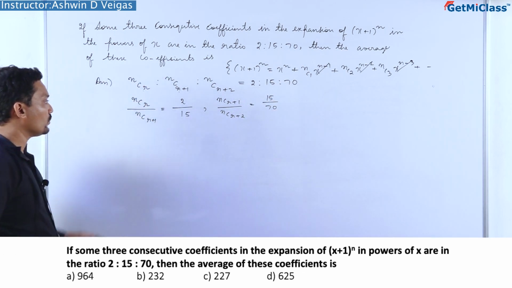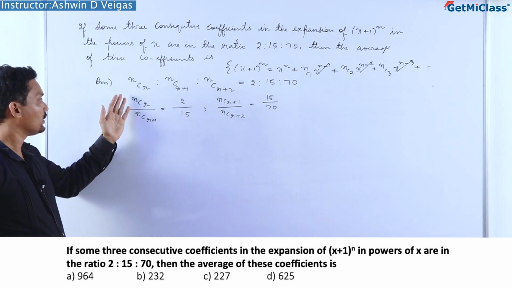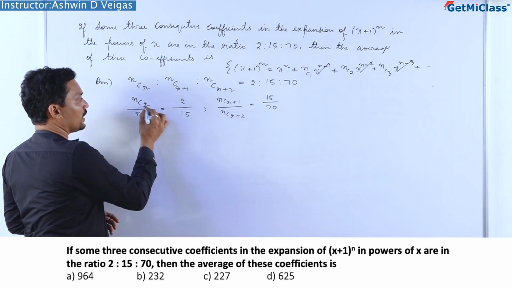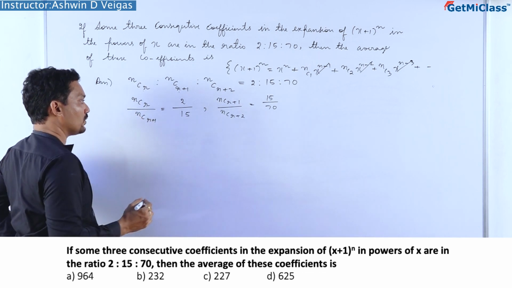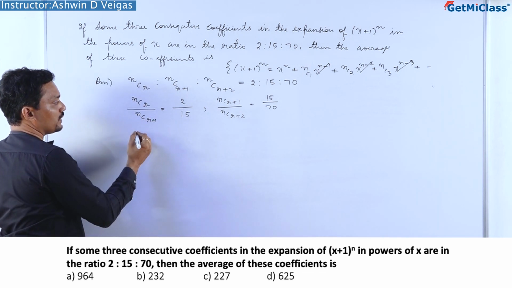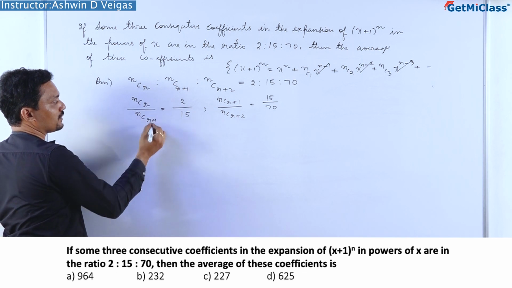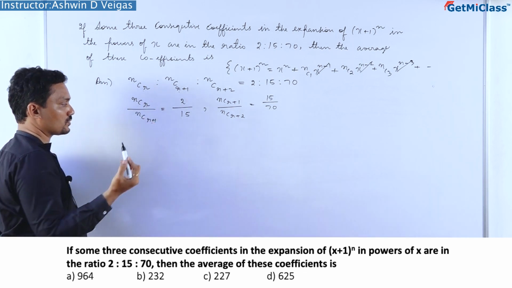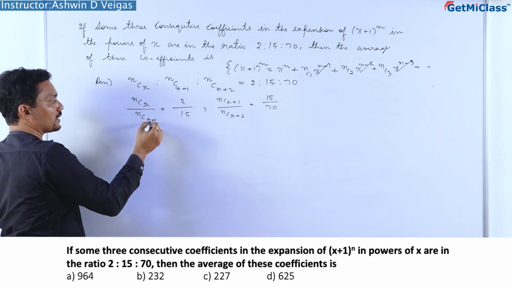Now, you can remember this formula, these formulas are very important. Always remember nCr by nC(r+1). The easy way to remember is that this index should be smaller, this index should be bigger. So that is the rule, r + 1.